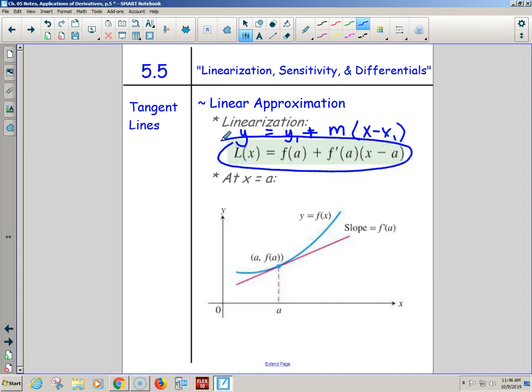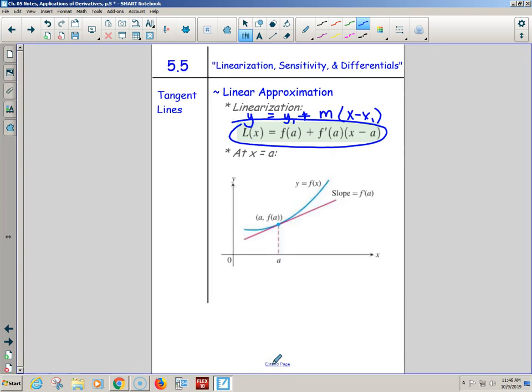The reason the form is a little different is that we can use the tangent line to approximate values for points other than a. We could say that f of b could be approximated by L of b. You see what the statement is saying?